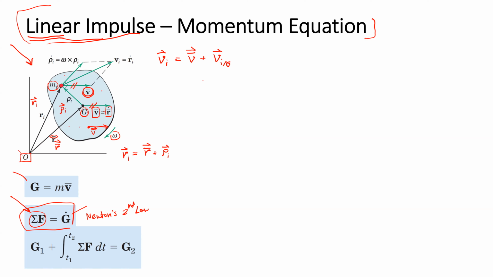But the velocity that depends on the position of the mass with respect to point G will be this one. The rigid body has omega.